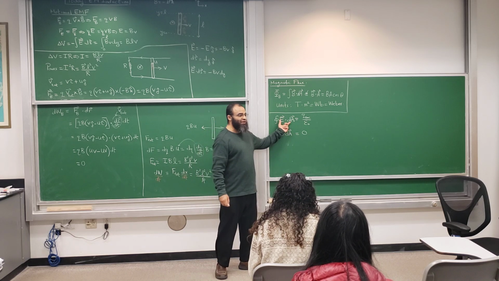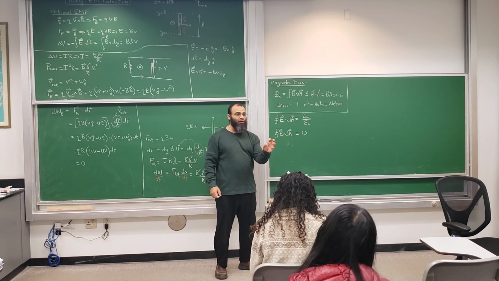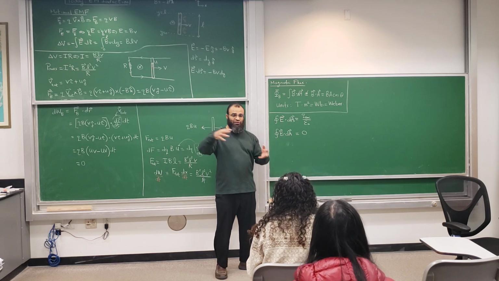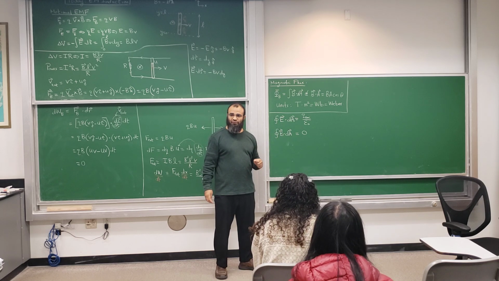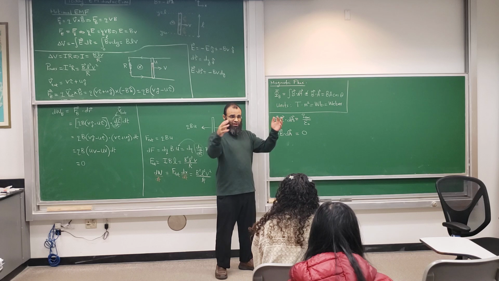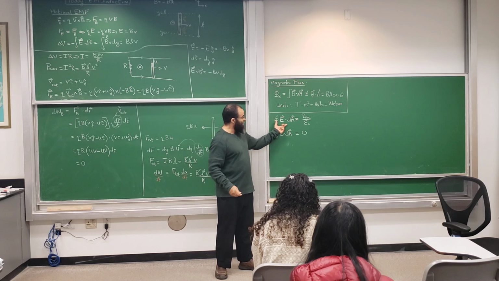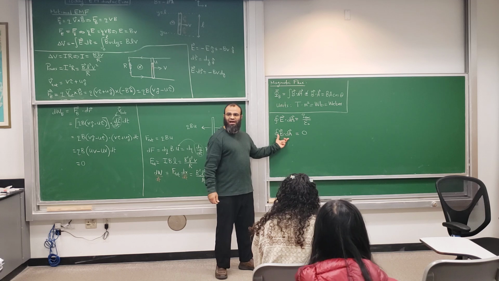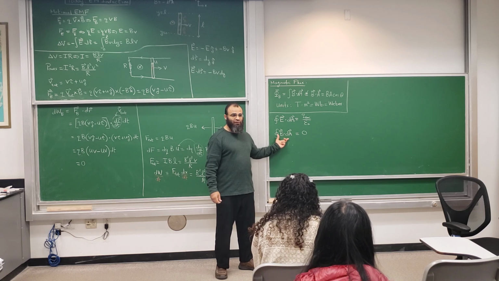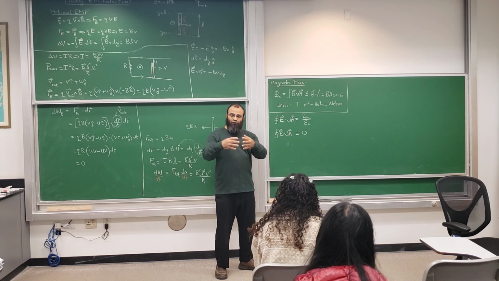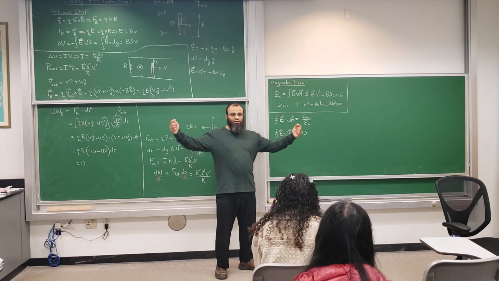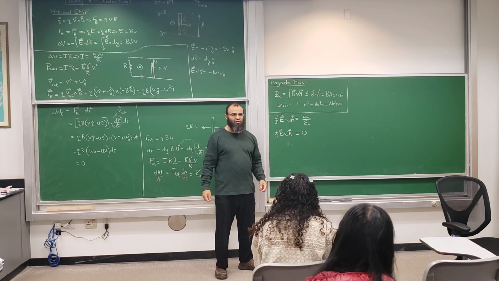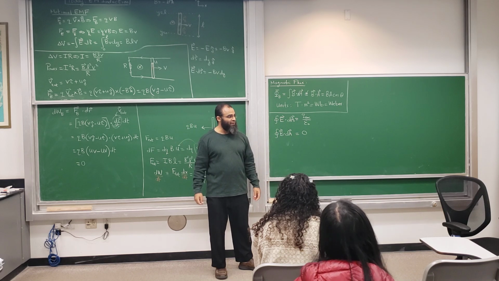What this one says is, for electric fields, you can enclose a single positive charge and have an electric field just coming out from that surface, right? You can have net flux coming out from a closed surface. In here, it says you can't have net flux coming out from a closed surface. If you have a closed surface, the flux that comes out must equal the flux that goes in. So the net flux is always zero.